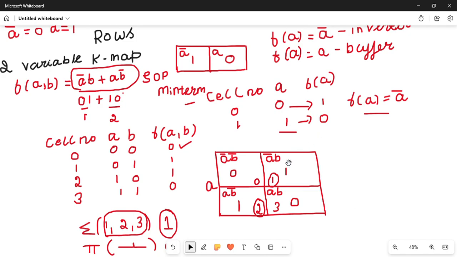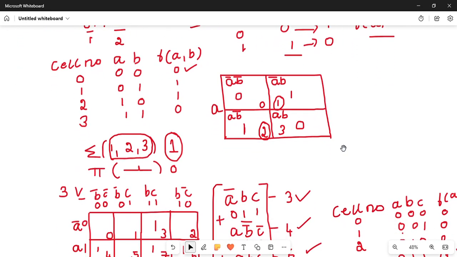If I substitute in the K-map, the two variable K-map has two rows and four cells. In these four cells we write 0, 1, 2, 3, and for cell 1 and cell 2 we write 1. All others we write as 0, right?